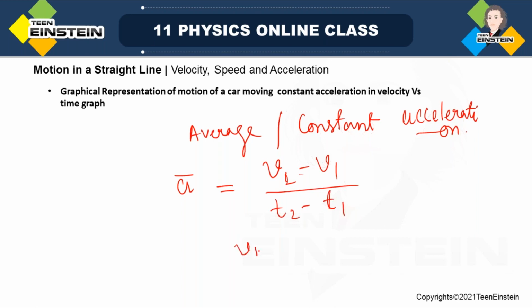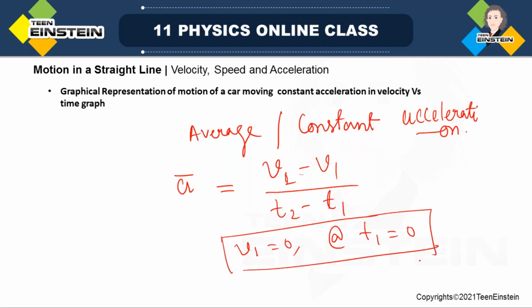Average acceleration is (v2 minus v1) by (t2 minus t1). Suppose my v1 is 0 at t1 equal to 0, that means we started with 0 velocity from 0 seconds. Or I'll not take 0 initial velocity; I'll take the initial velocity, which is denoted as u, at time t1 equal to 0.